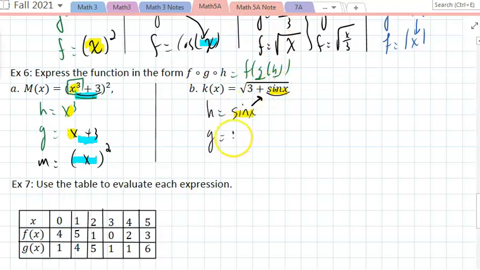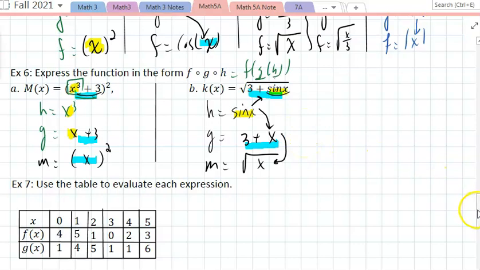There must be an x. You're going to choose 3 plus x. Now, you must put all of that into m, and that will be the square root of x. So if you put that in there, you get the square root of 3 plus x, and if you put that in there, you will get the square root of 3 plus sine of x.